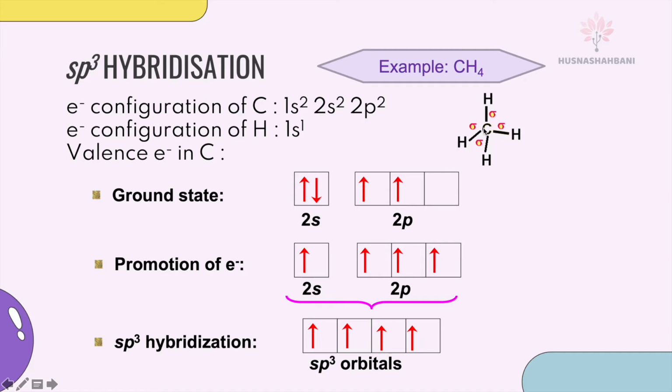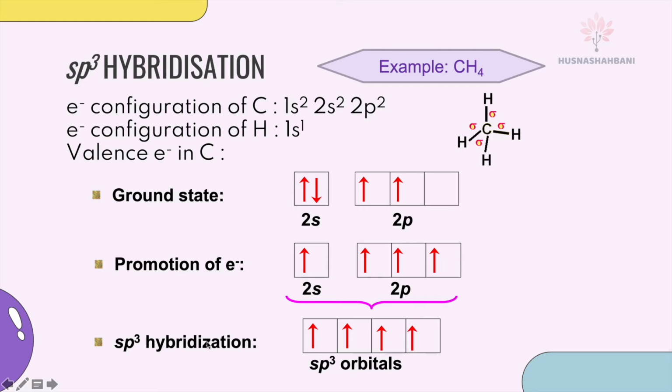It needs 4 to make 4 sigma bonds or 4 single bonds. So move 1 electron from the s into the empty 2p orbital, making all the electrons unpaired in s and 2p. So the total number of unpaired electrons is equal to 4. The same goes for how many bonds the central atom has.